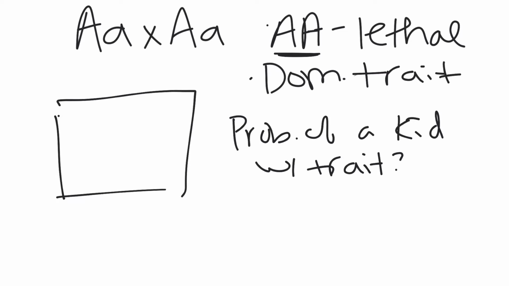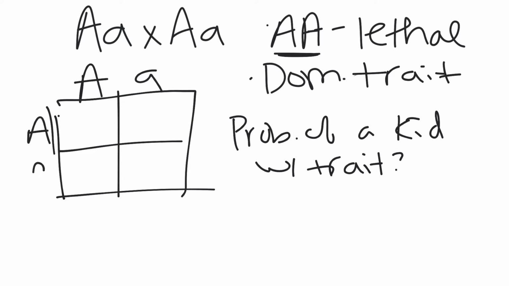Okay, so you might know this by now, classic monohybrid cross, but I'll do it again. There's 2 types of eggs and 2 types of sperm for both the mother and the father. So we have here probability of kid with the trait. Well, the thing to note that's different here is that we said that this one's lethal.